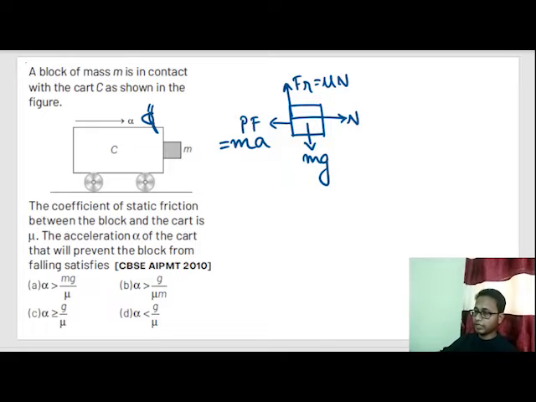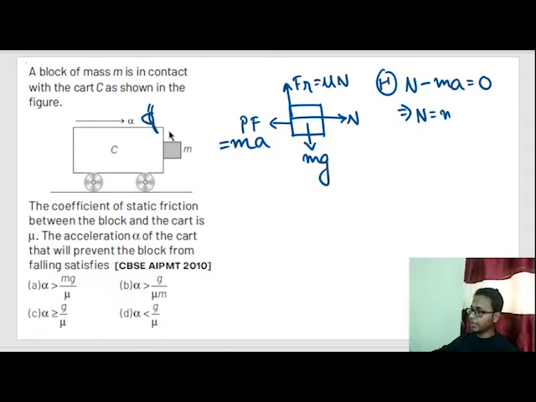So let's write down the horizontal component of forces. N minus ma is equal to 0. Why? Because is this block moving anywhere with respect to this person? No. That's why N is equal to ma.